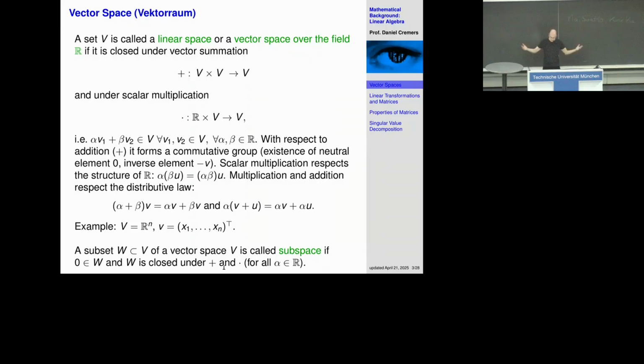But if you take R3 and then you take any plane that goes through the origin, that is a subspace. Why does it have to go through the origin? Because a vector space needs a zero element. We see that above. If you take any other plane that doesn't go through the zero, then it's not a subspace.